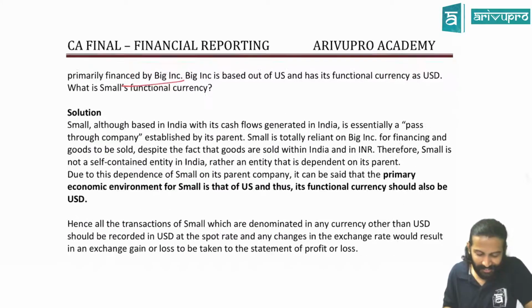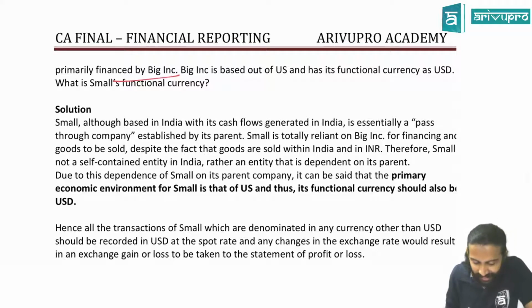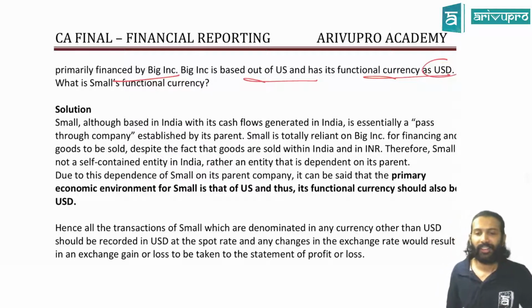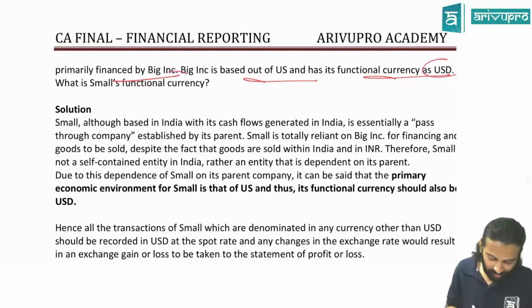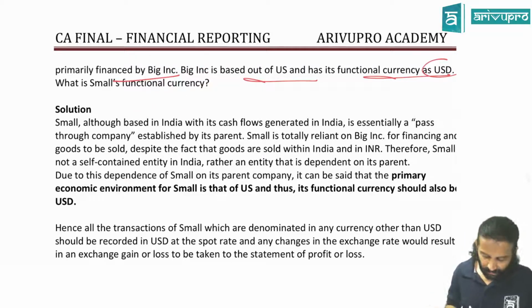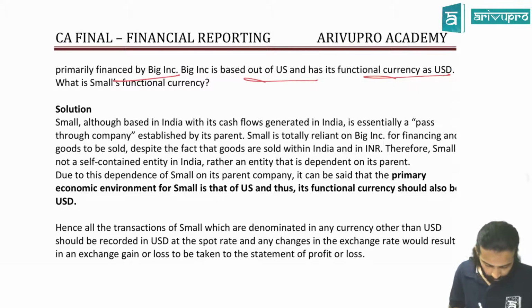For funding also we are dependent, correct? Big Limited is based out of the US and has USD as its functional currency. What is Small Limited's functional currency? Obviously there is a dependency on Big Limited here. Whatever is Big Limited's functional currency will become Small's functional currency also. Therefore, the conclusion is that USD is the functional currency of Small. So the functional currency should be USD.